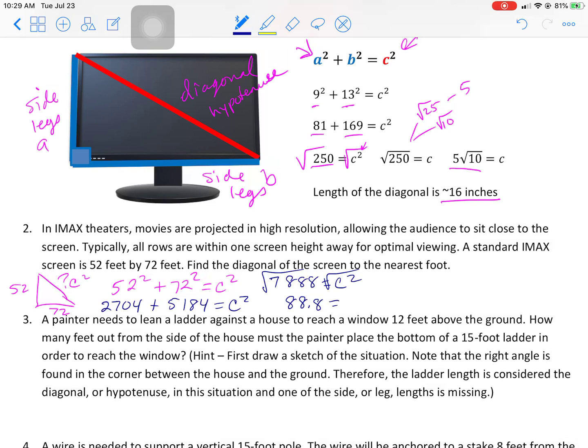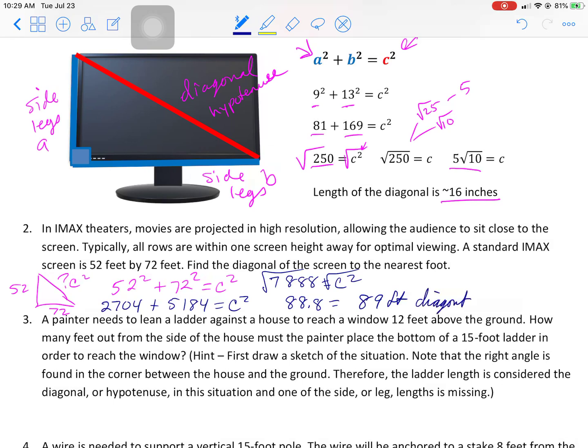for these really large numbers, check your instructions. This one says round to the nearest foot. So let's go with 89 feet as the diagonal.